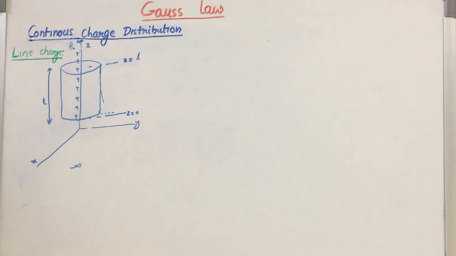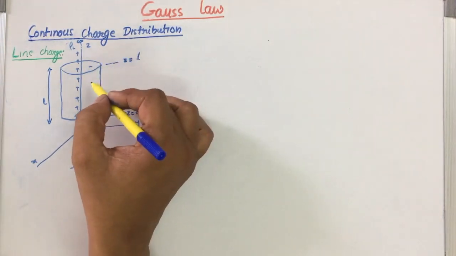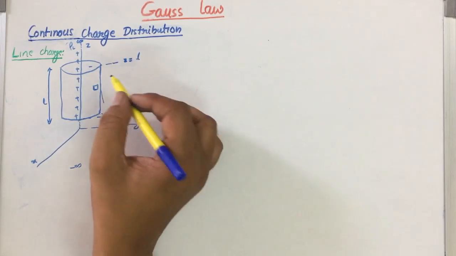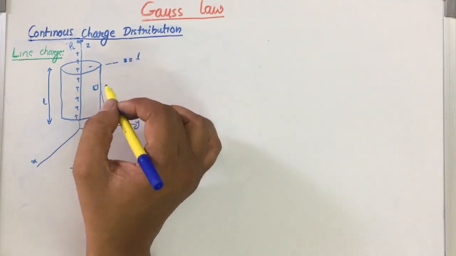Now, consider any surface at the cylinder, the Gaussian surface. Consider any small area at that.